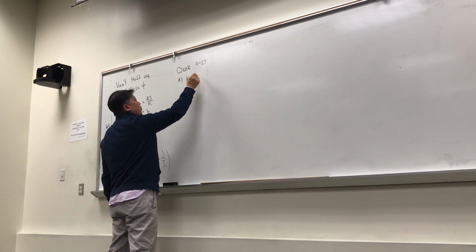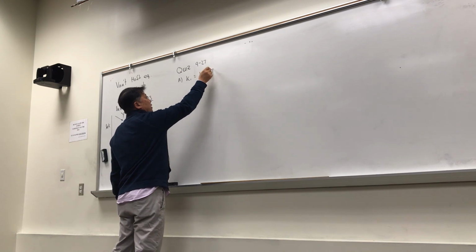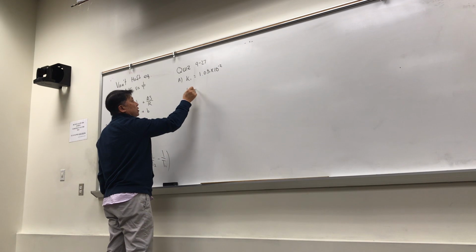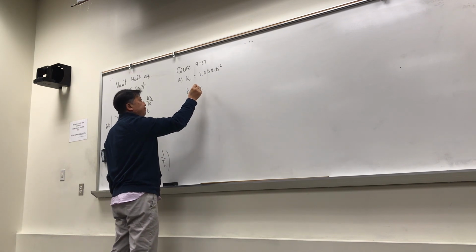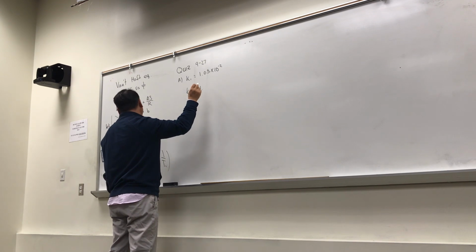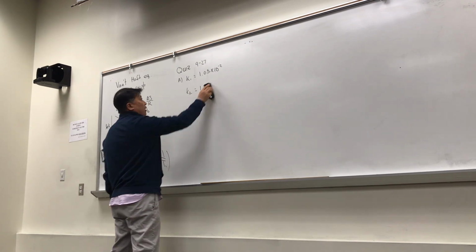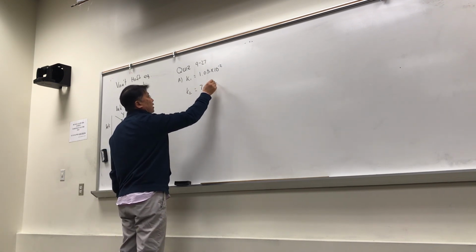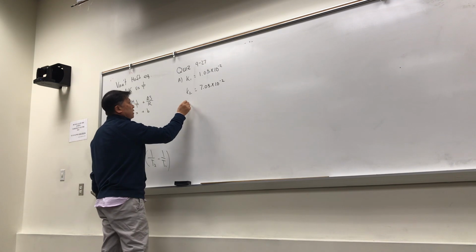Question A. K1 is equal to 1.03 times 10 to the negative 2. K2 is equal to, let's say, 7.03 times 10 to the negative 2.